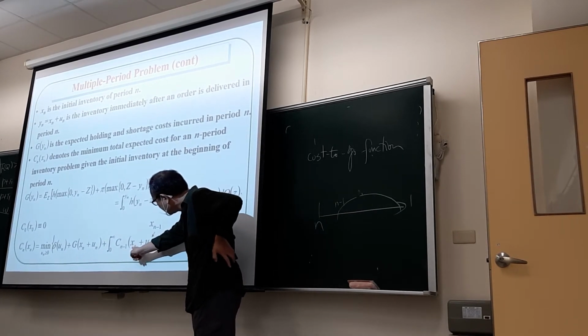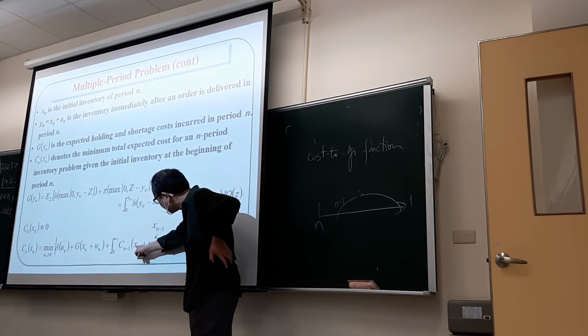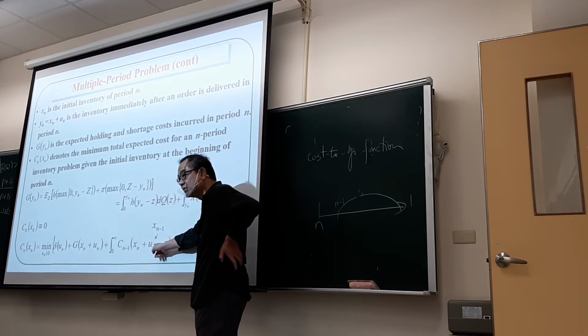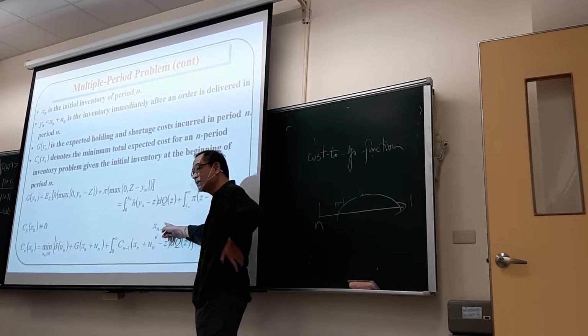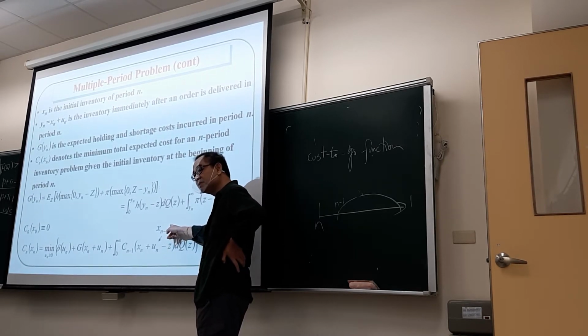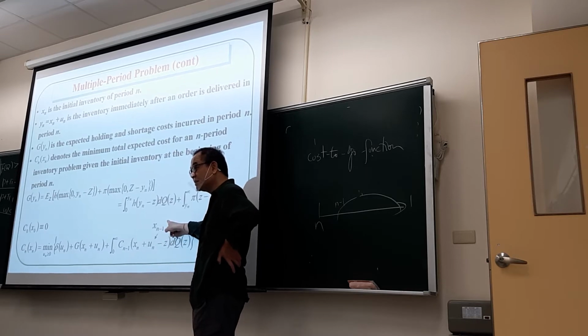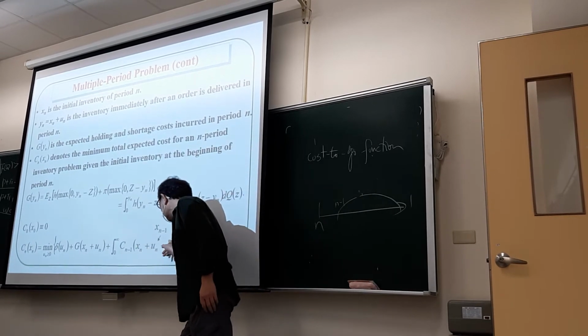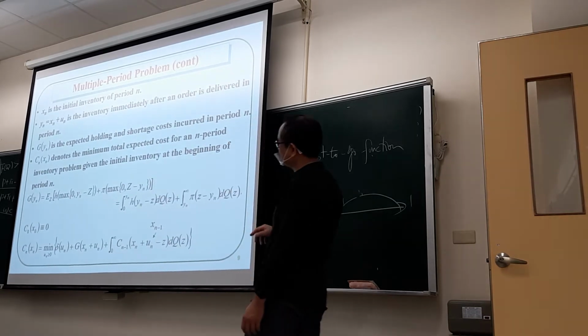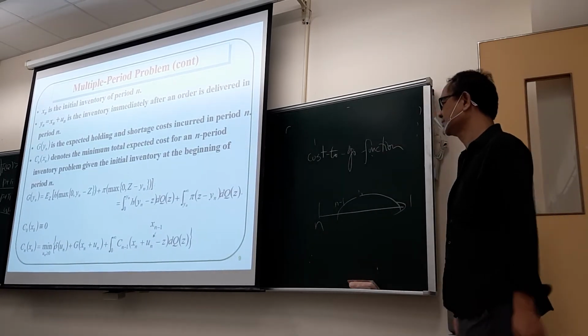The initial inventory of period N plus the order quantity, subtracted by demand, would be the initial inventory for the next period, right? So these three terms are equivalent to x n minus 1.